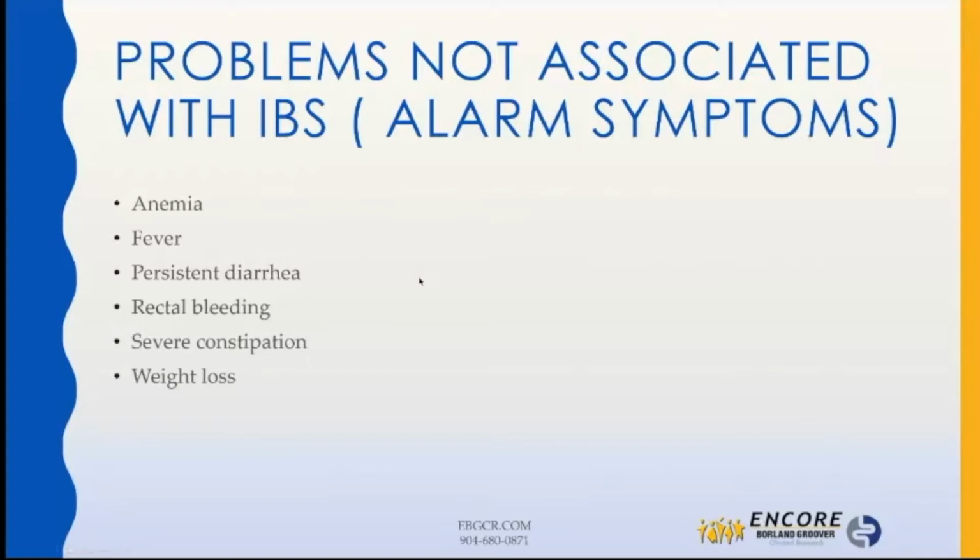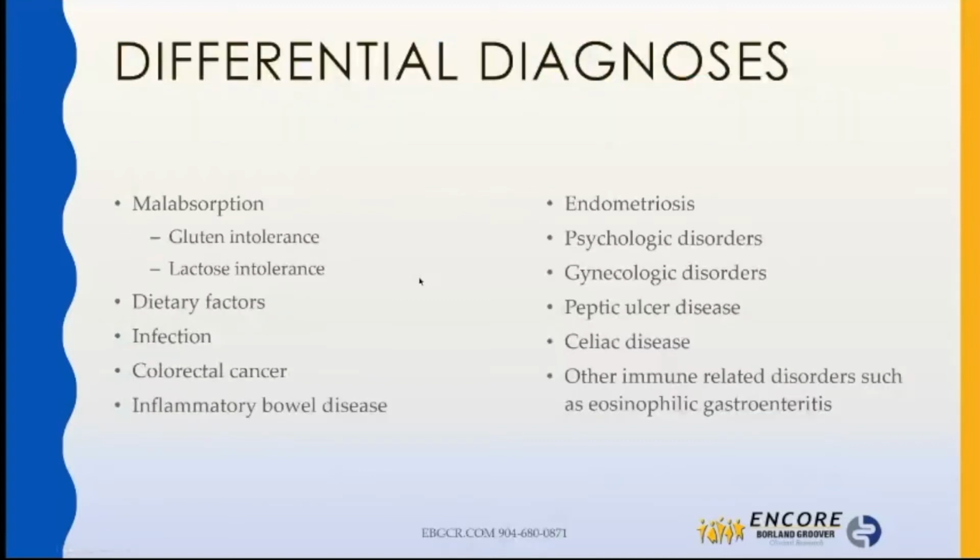that we always try to extract and know about, because they generally mean that there is more to the story than just irritable bowel syndrome. Some of those things that can mimic irritable bowel syndrome, but are not, are malabsorption situations such as celiac disease, which is because of gluten intolerance, and allergy, and lactose intolerance, dietary factors, infections, colon cancer, inflammatory bowel disease such as ulcerative colitis and Crohn's disease, some gynecological disorders such as endometriosis, psychological disorders, and other immune-related disorders such as eosinophilic gastroenteritis.